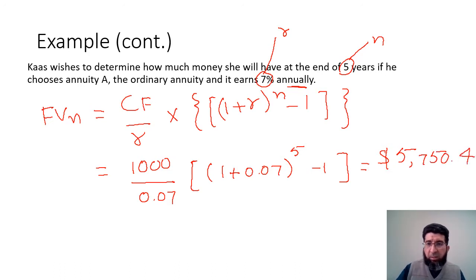But this is the future value if option A is considered, which is the end of year ordinary annuity. Ordinary annuity means that the payments or investment is always at the end of the time period.